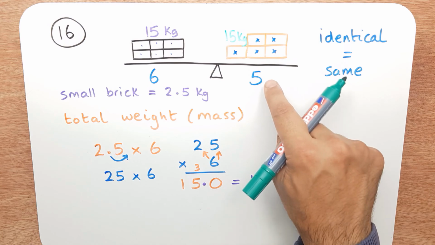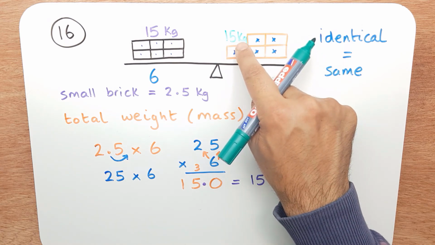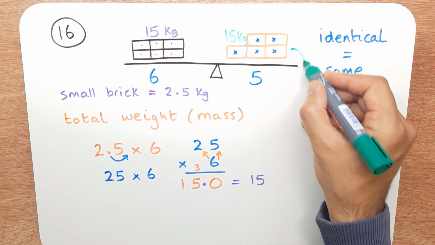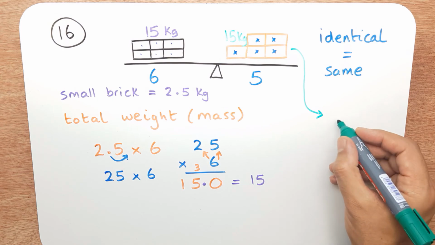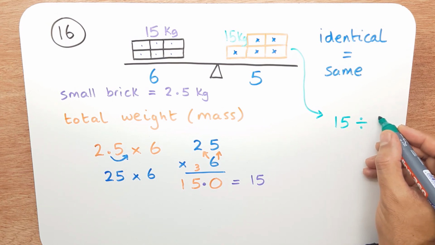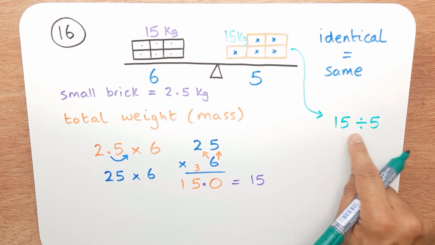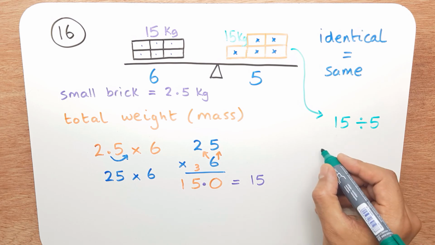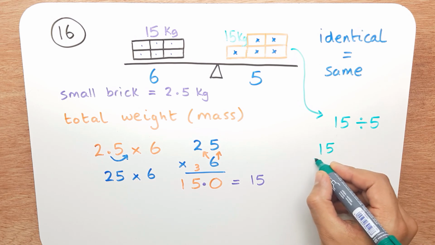So what I simply need to do is 15 kilograms shared by 5. So I'll do that calculation here. 15 shared by 5, or 15 divided by 5. And again, I like to write it like this because it helps me.